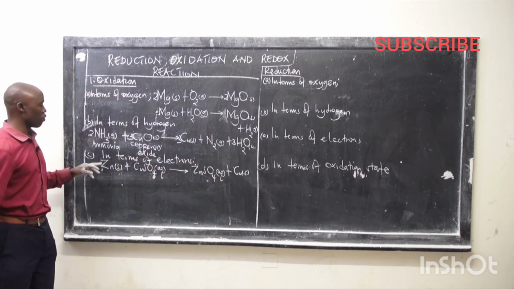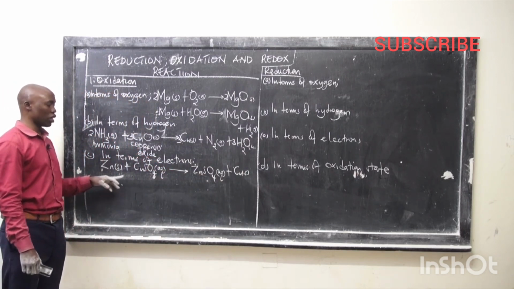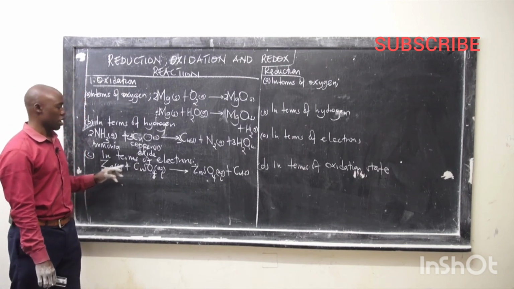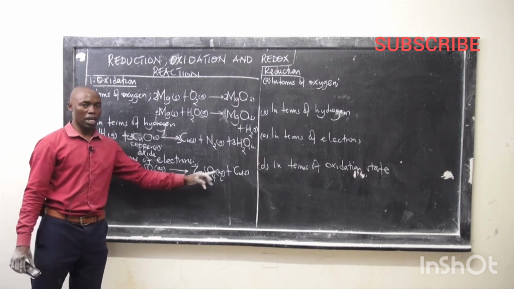When we observe this reaction, zinc has actually displaced copper, because zinc is more reactive than copper, to form zinc sulfate and copper.